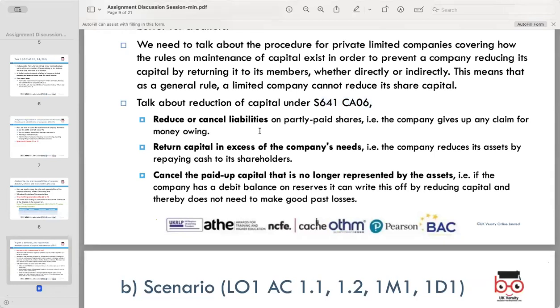Then return capital in excess of the company's needs: discuss the scenario where a company may reduce its assets by repaying cash to shareholders when there is excess capital beyond the company's requirement.